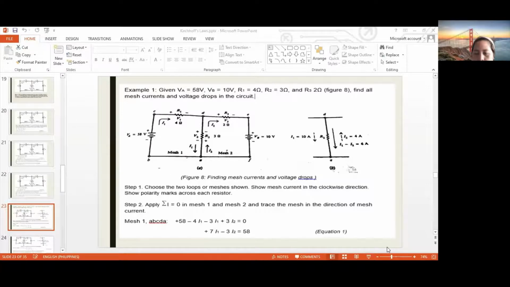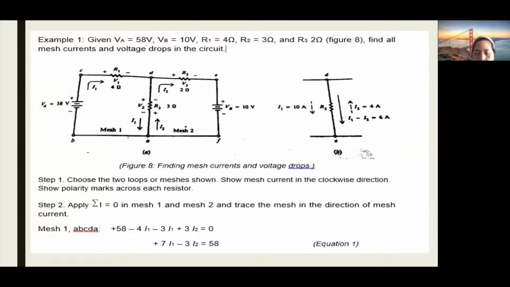So step 2, apply the summation of voltages equal to 0 in mesh 1 and mesh 2, and trace the mesh in the direction of the mesh current. So mesh 1, A, B, C, D, A: 58 minus, so negative sign, R1 times current 1.